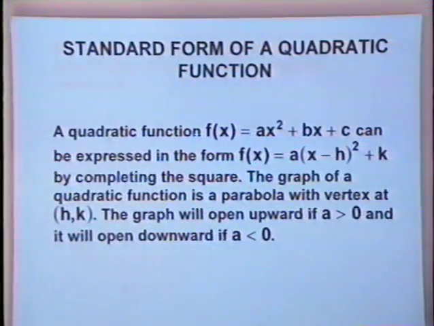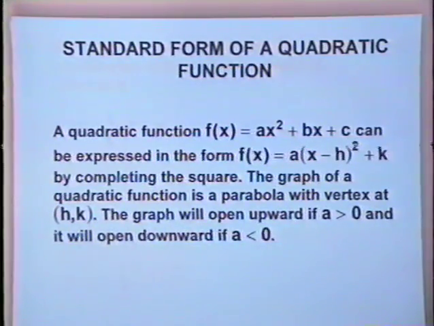Let's look at what we call the standard form of a quadratic function first. A quadratic function, f of x equals ax squared plus bx plus c, can be expressed in the form f of x equals a times the quantity x minus h squared plus k by completing the square.